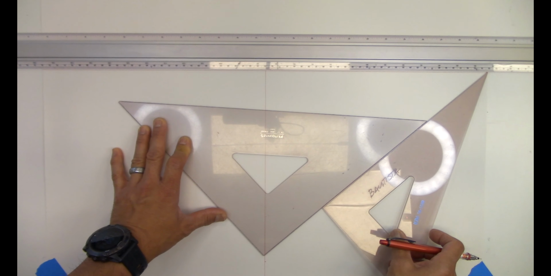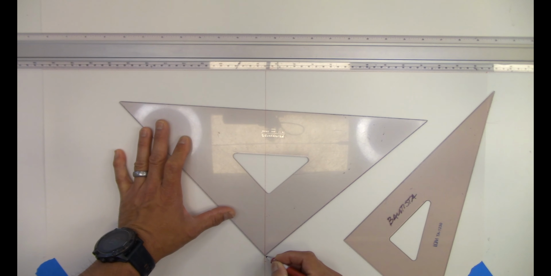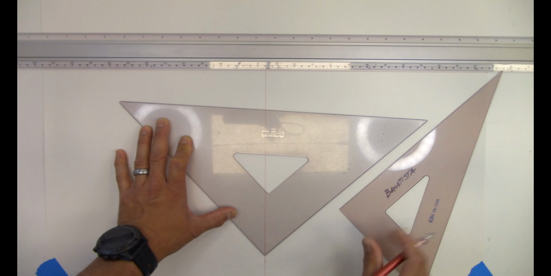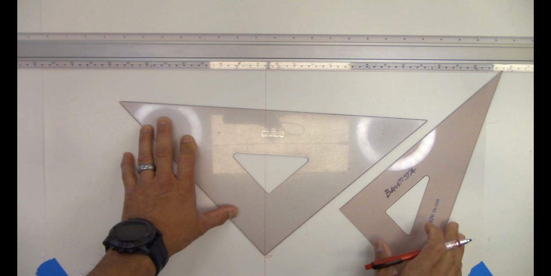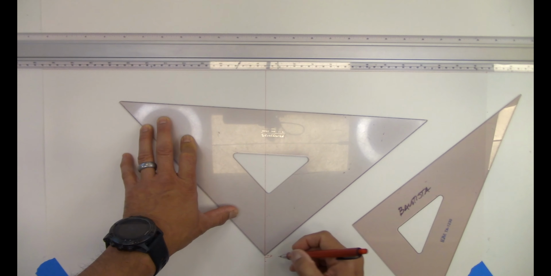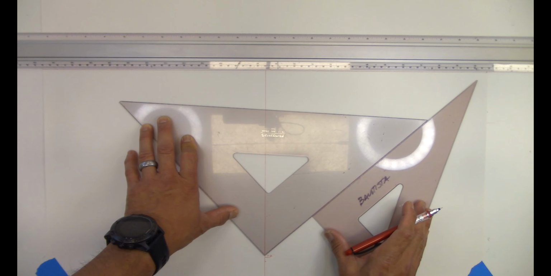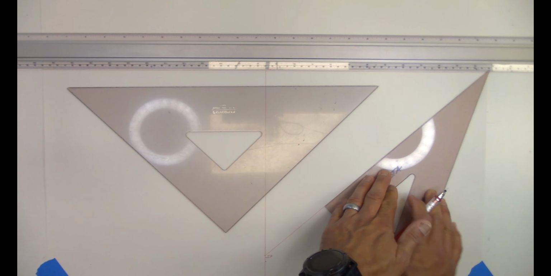And once I figure out what it's going to be, I'm going to place a point down here for the station point. I'm going to label it SP, station point. I will draw a line that goes all the way up to my right vanishing point.